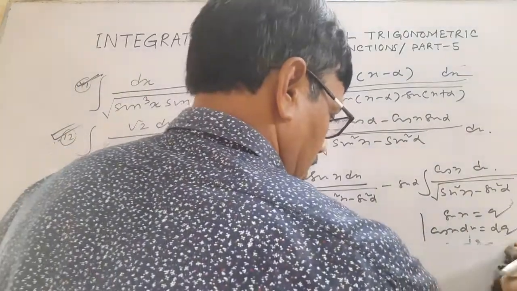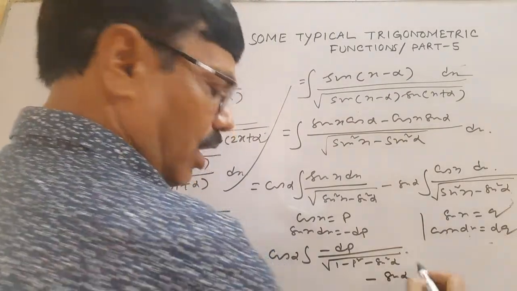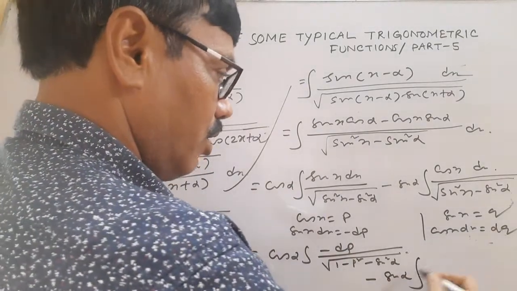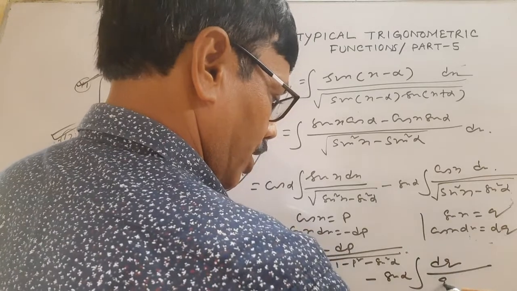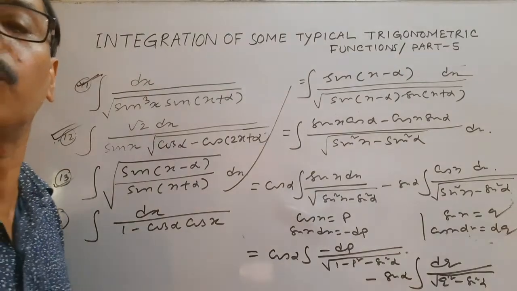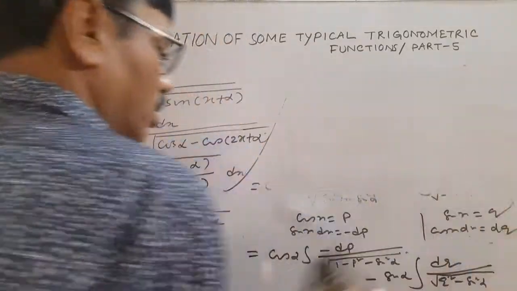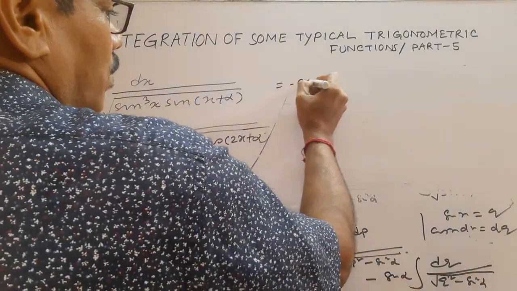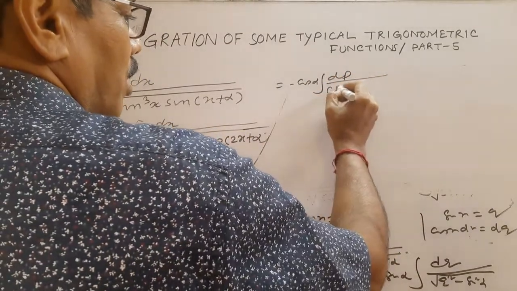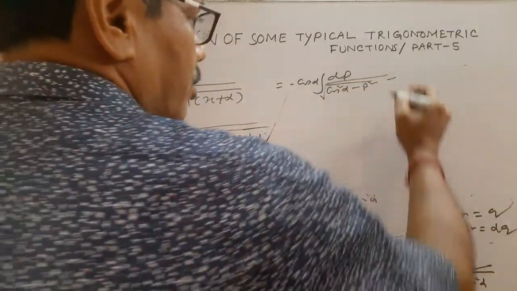So minus sin alpha outside, into dq by q square minus sin square alpha. Now this one: minus cos alpha outside, dp by 1 minus sin square alpha, cos square alpha minus p square, and minus sin alpha unchanged.